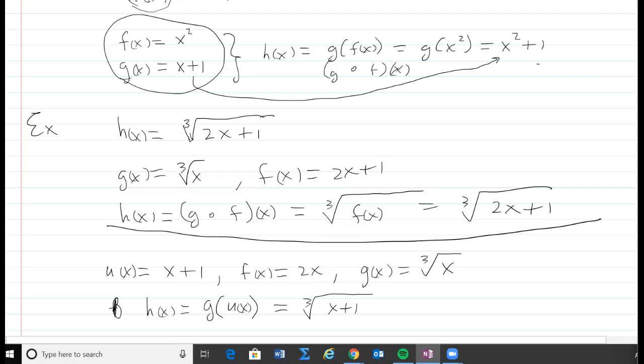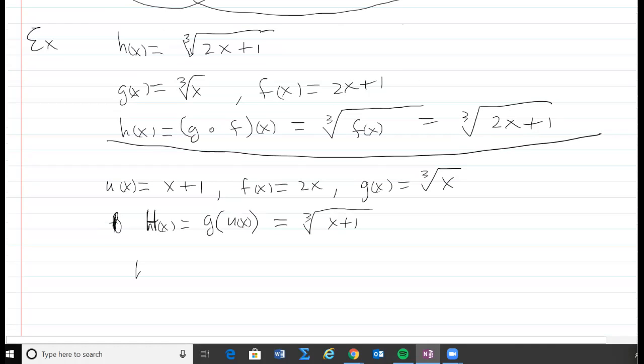And then, this shouldn't be h, I'll make this big H. Then we can do one more: h of x is actually big H composed with f.